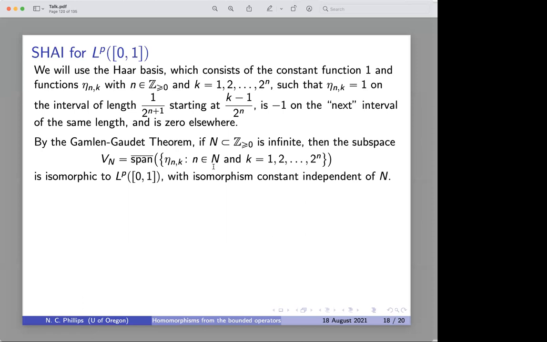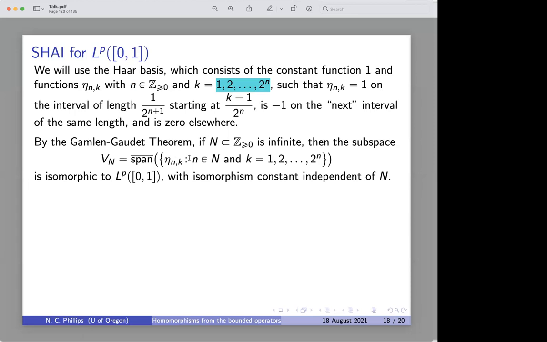So there's a theorem of Gamlin and I guess Godet, which says if you have an infinite subset of the, and here I really do need non-negative integers because that's where the indexing started, then the closed linear span of, so there are two indices here. N tells you the length of the interval, and K says which interval you're using.